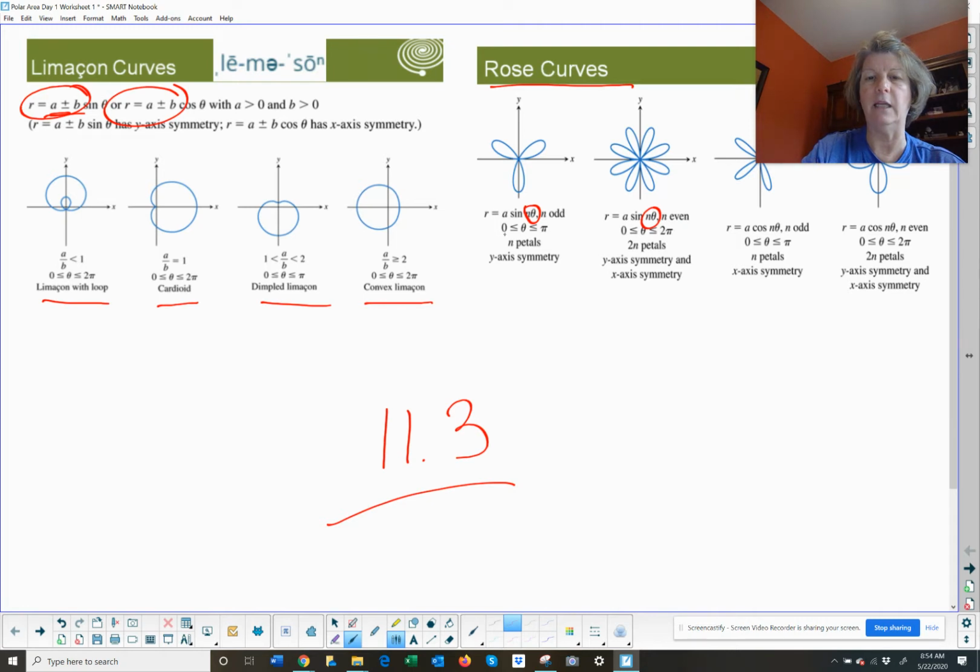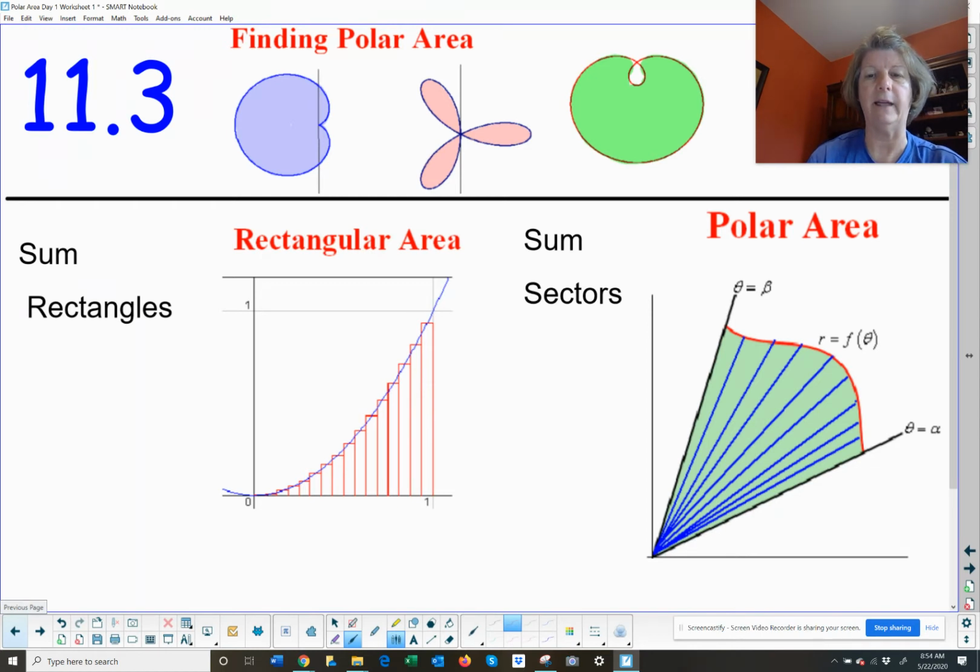Another thing is looking at how long it takes to complete the curve, like 0 to pi, 0 to 2 pi. Things like that can help you understand the shape you're trying to calculate the area of and what your bounds will be for your integral, because that's probably the hardest part about polar area.